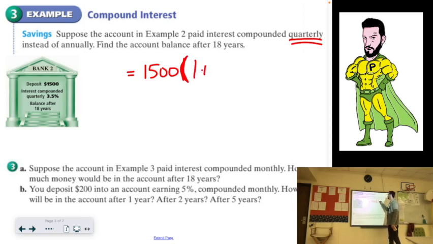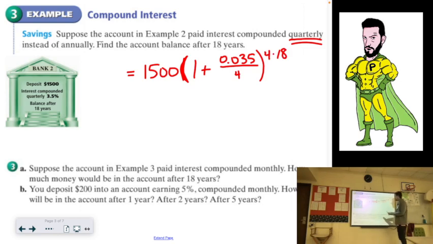We have 1 plus our decimal version of 3.5%, which was 0.035. But this one isn't compounded once per year, it's 4 times per year. So we're going to put the 4 down there. We're also going to multiply the 4 in the exponent times the time, which we said 18 years earlier.